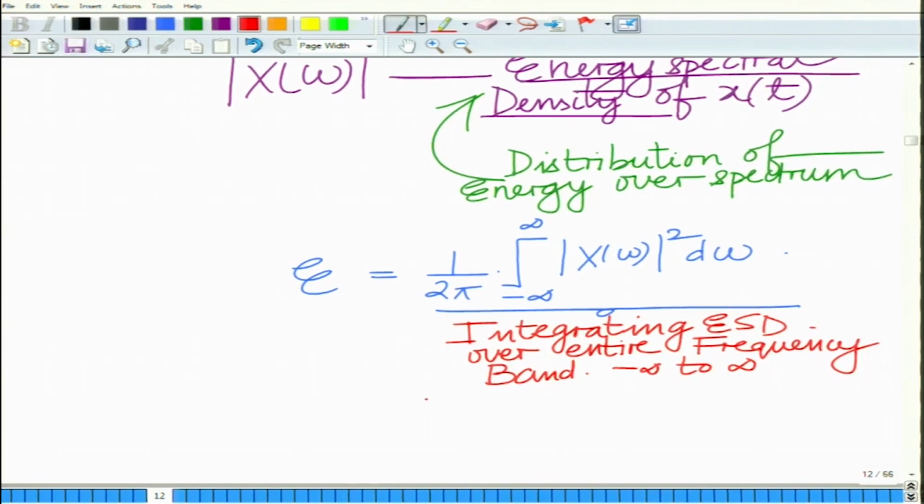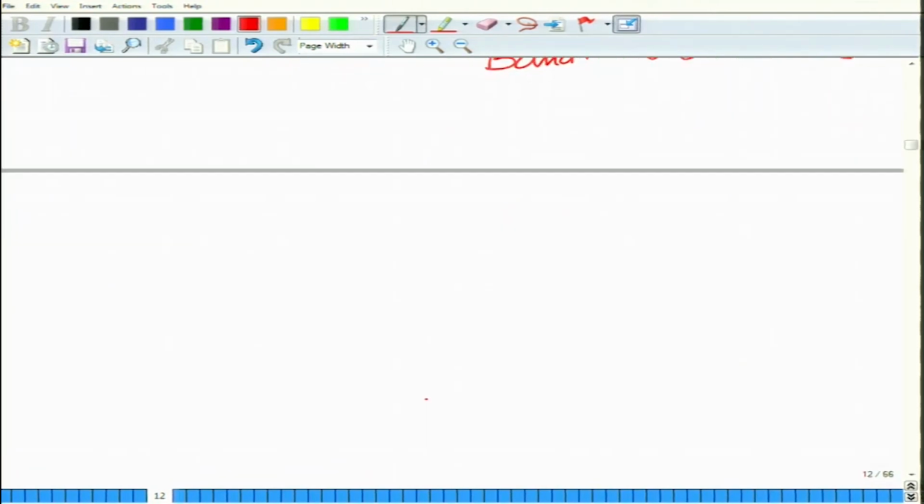So, integrating the energy spectral density over the entire frequency band gives the energy of the signal.